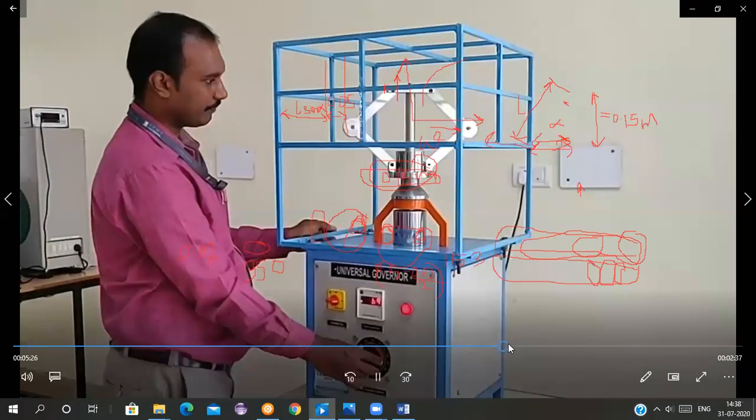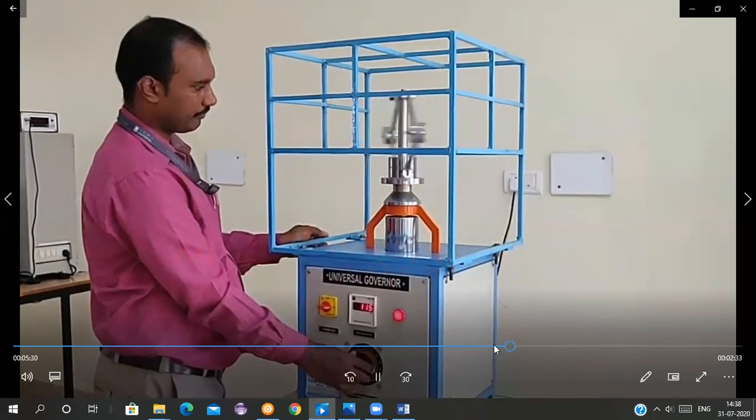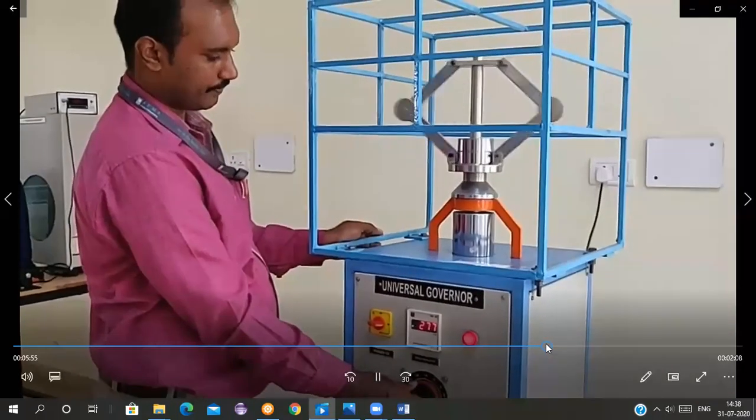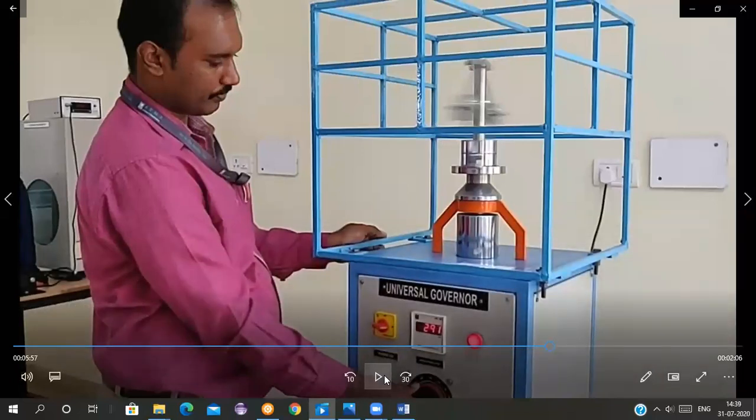See, as the speed is increasing, what will happen? Here there is a motor, and with the help of the motor we are increasing the speed. But in actual practice, the engine is connected to the governor with the help of gears. As the engine speed increases, the governor speed increases, and therefore the sleeve gets lifted up.